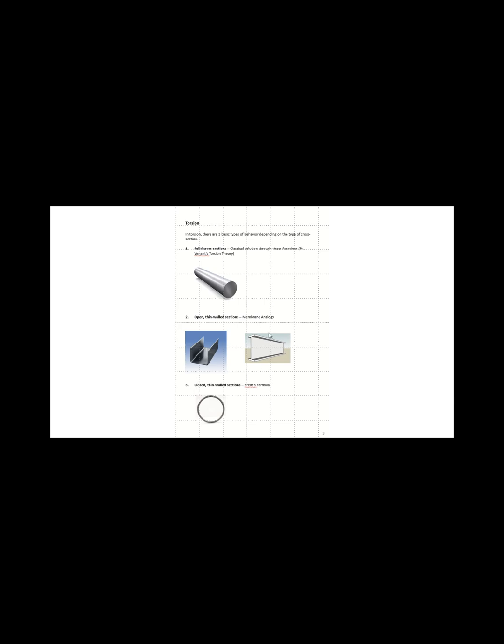In the open section, we use a membrane analogy, and what we do is we look at a soap film on top of this end of the cross section, and we'll talk about that. And then in the closed thin-walled section, we use Bredt's formula.